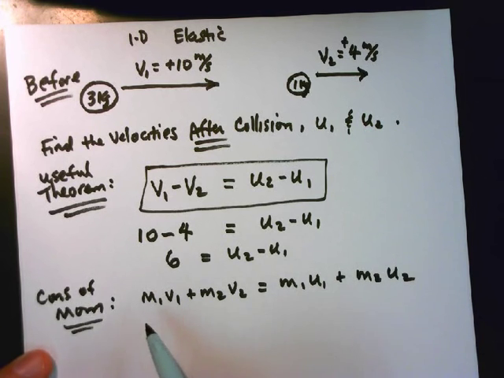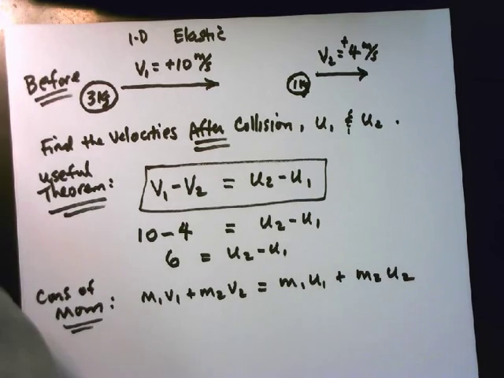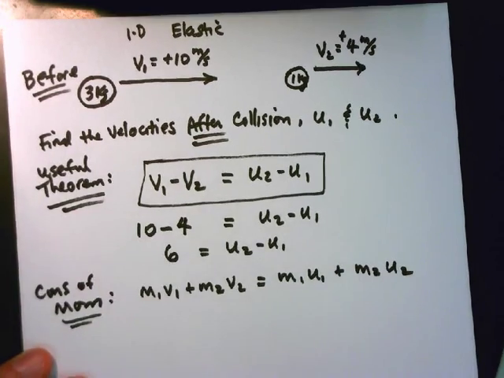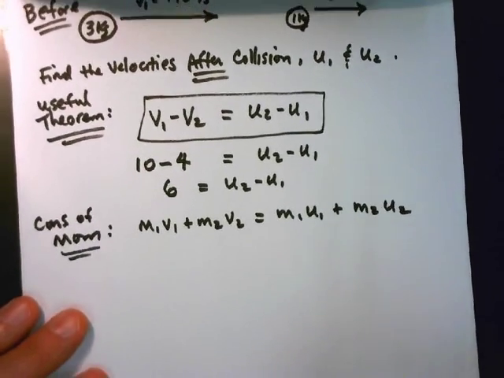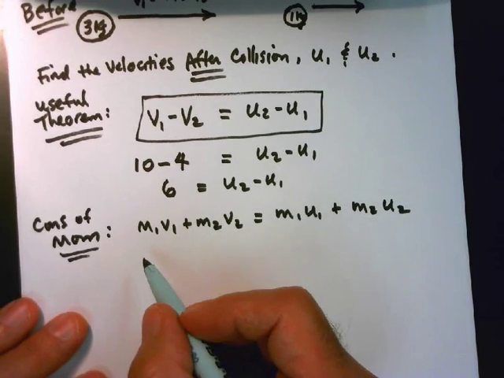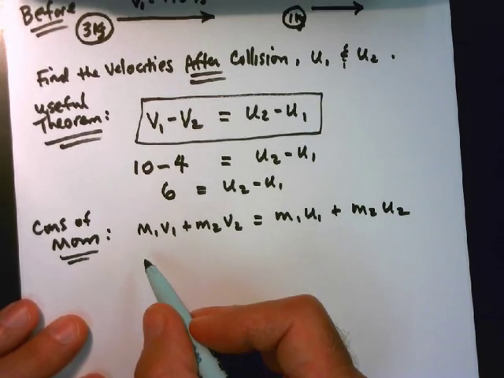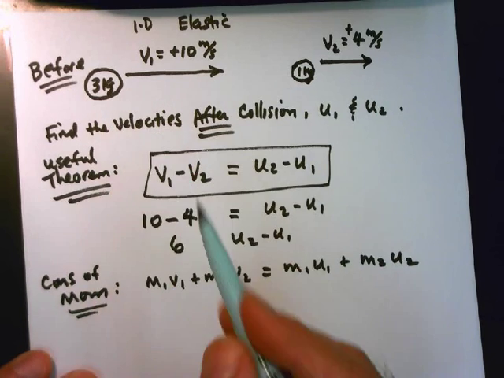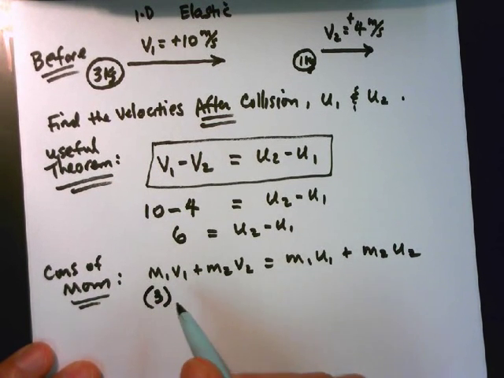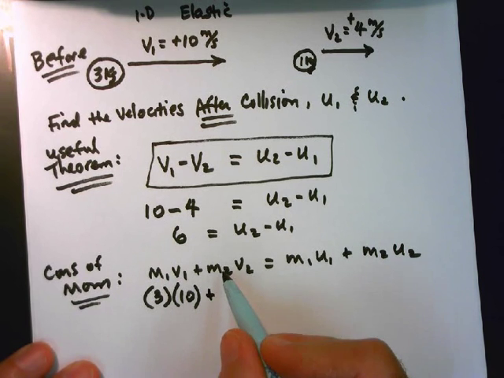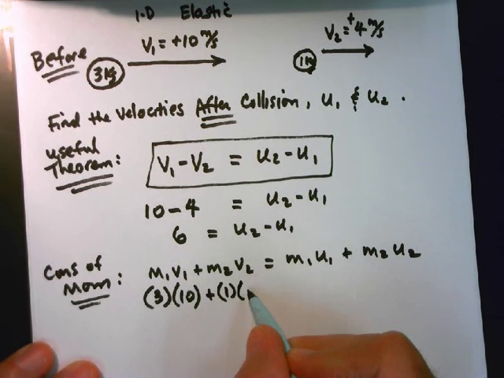We can substitute our values into it. m1 is 3 kilograms times the velocity of 10, plus m2, which is 1 kilogram, times the velocity of 4.